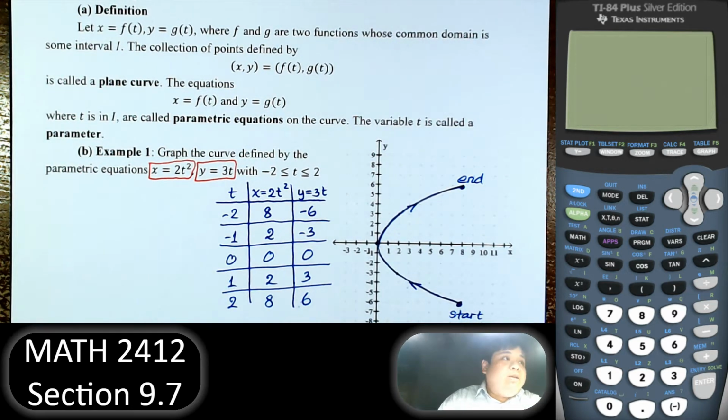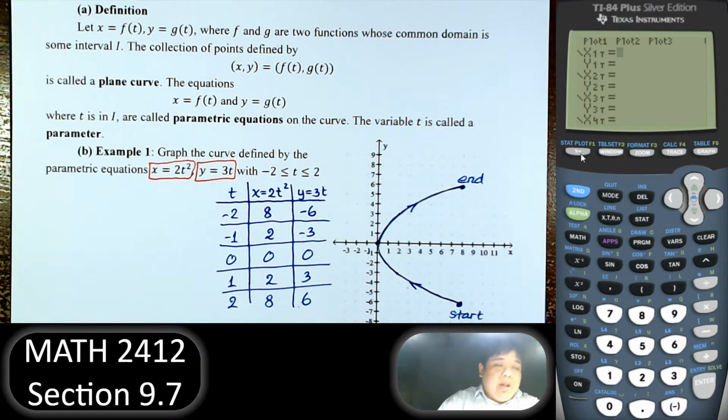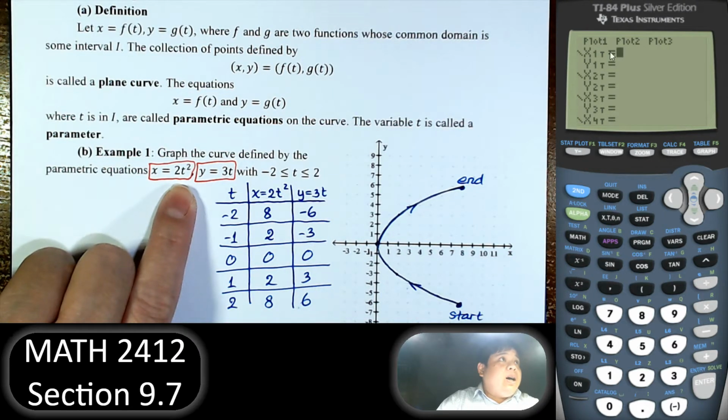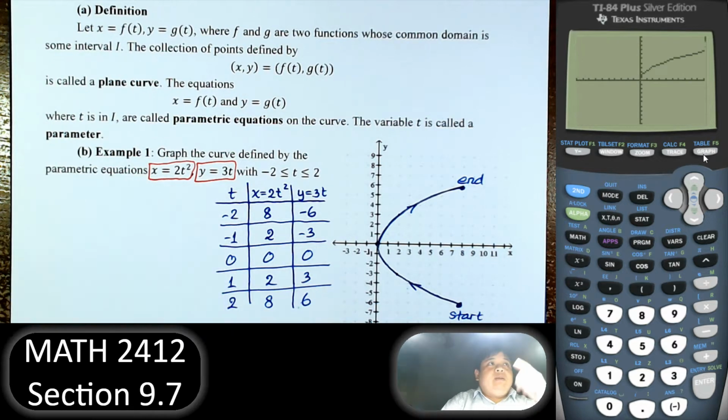If we want to graph it on a calculator, hit mode, go to number 2 actually, parametric form. Then we enter x1 equal to 2t squared and y1 equal to 3t. When we hit graph, that's what we have.